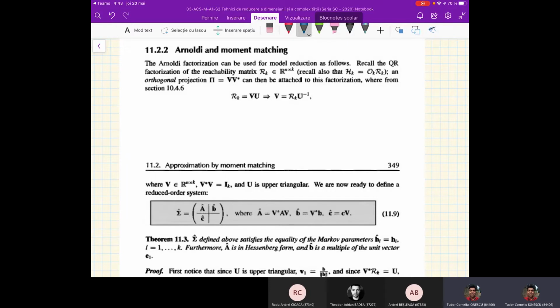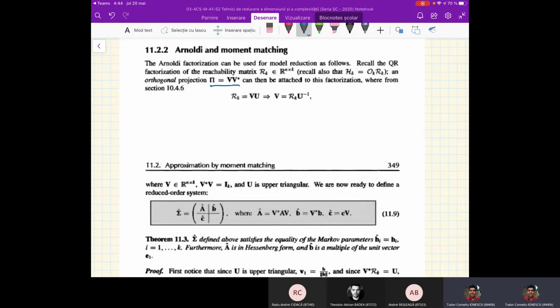You can factorize in the QR factorization the controllability matrix in K steps. And you can build an orthogonal projection pi like this, V star. V star is V transposed and conjugated. That's why they call it star, because you can have Hermitian matrices since you may deal with complex valued numbers.